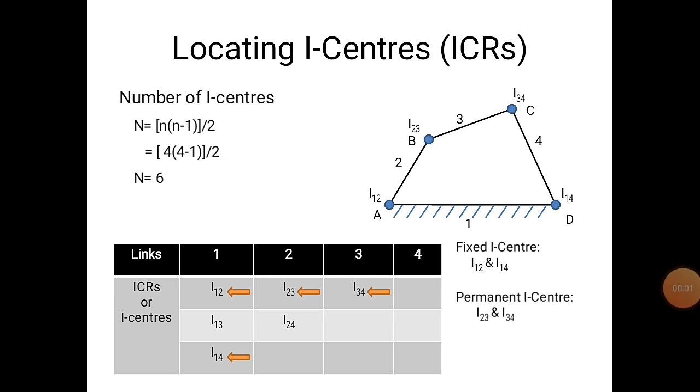The above instant centers have been located by inspection only. The other two instant centers, I13 and I24, which are neither fixed nor permanent, can be easily located by applying Kennedy's theorem as discussed earlier.